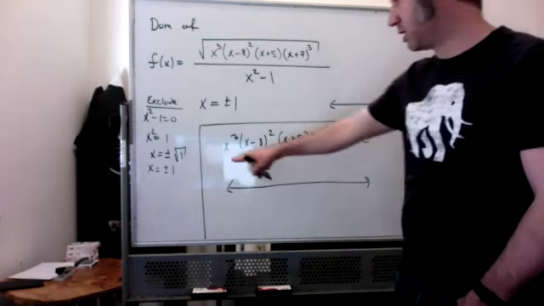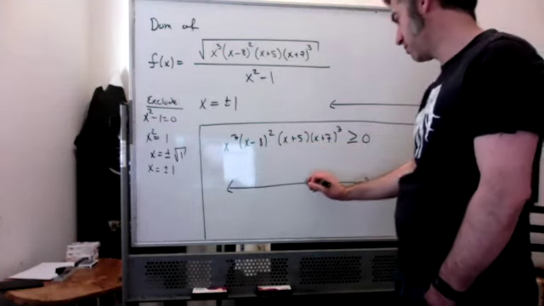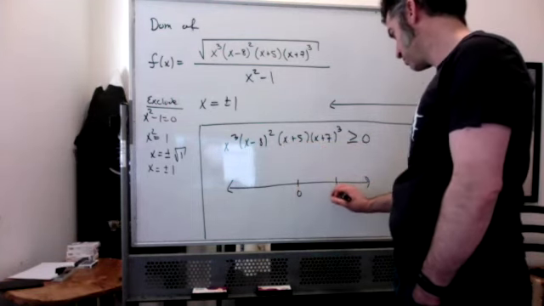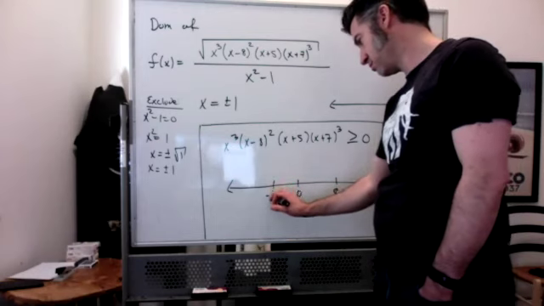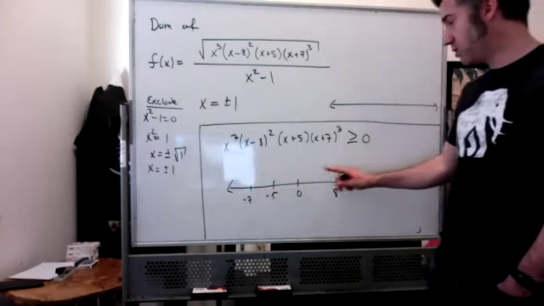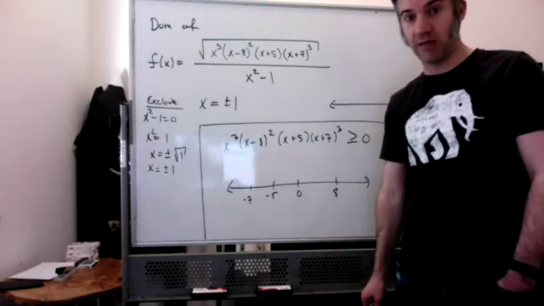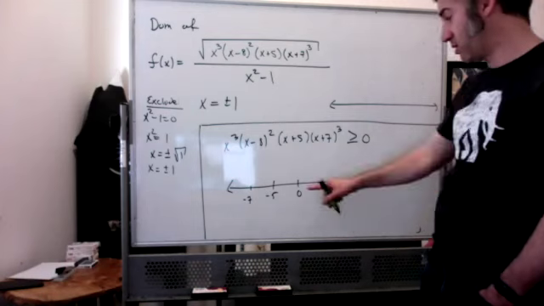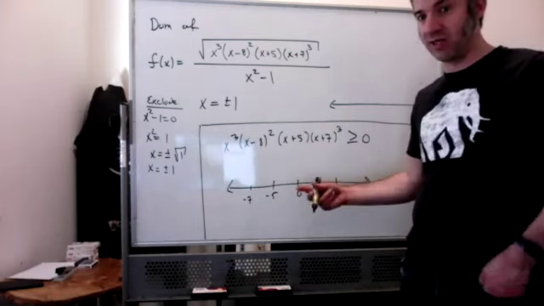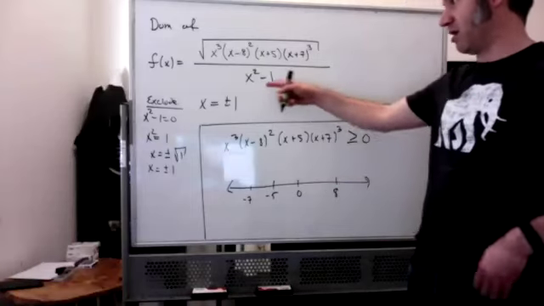That's going to be 0, 8, -5, and -7. So we have 1, 2, 3, 4, 5 different regions to check whether it's positive or negative. The reason I don't want to write the 1 and the -1 here is that I don't need to check in between them. Nothing changes there except that the denominator happens to be 0.